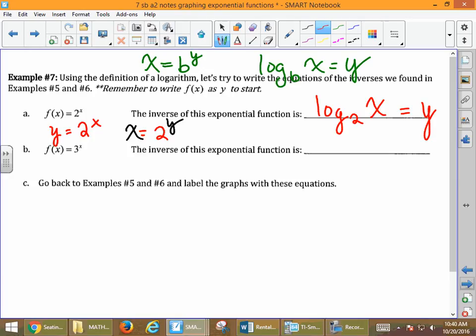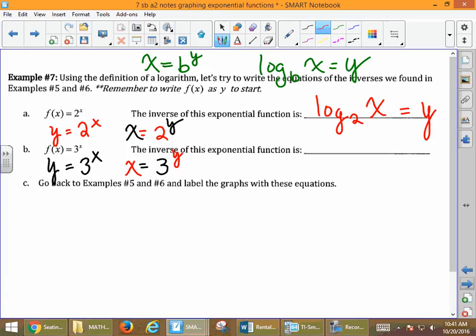And we can do that again on part B. The inverse of this exponential function, once again, is y equals 3 to the x, what we originally graphed. Then we switch the x and the y, so it becomes x equals 3 to the y.